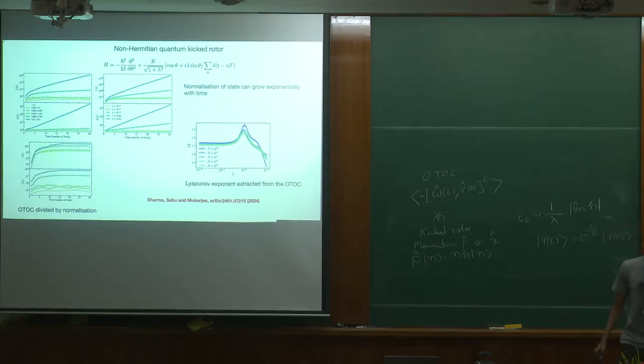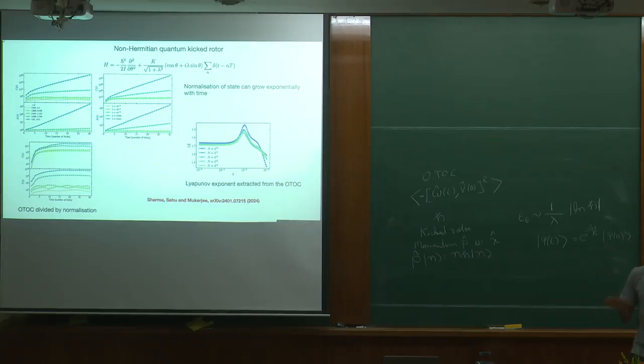Generically, for these PT symmetric non-Hermitian Hamiltonians, as you tune the value of this non-Hermitian parameter, you can have a transition from a PT symmetry unbroken phase to a PT symmetry broken phase. And in this particular case, that transition seems to be also tied to the fact that the Lyapunov exponent in this system exhibits a maximum.